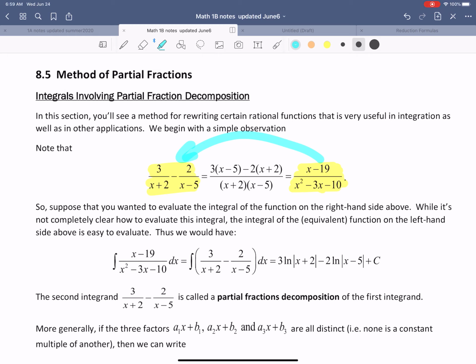As you can see, integrating that sum is a bit harder, or sometimes not even possible. Integrating the two separate fractions that were added to make that sum is a lot easier. So this second integrand is called the partial fraction decomposition of the first integrand.